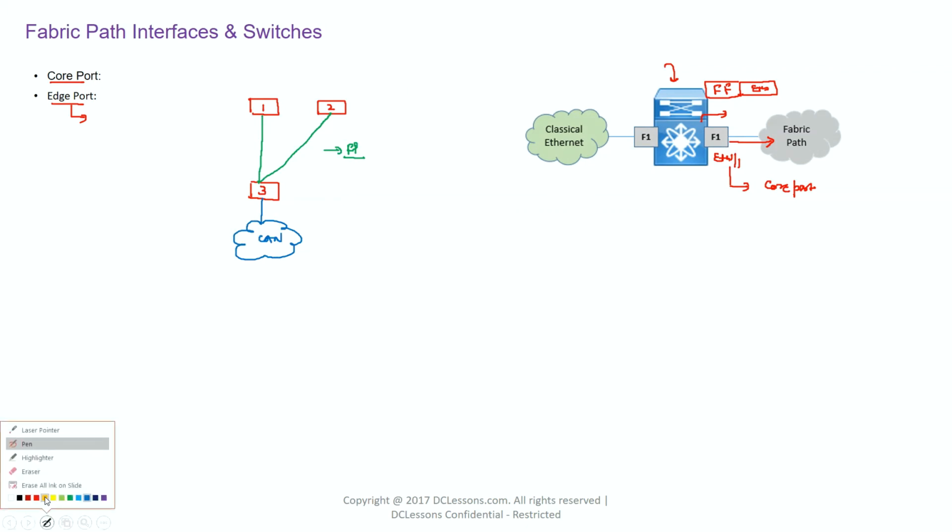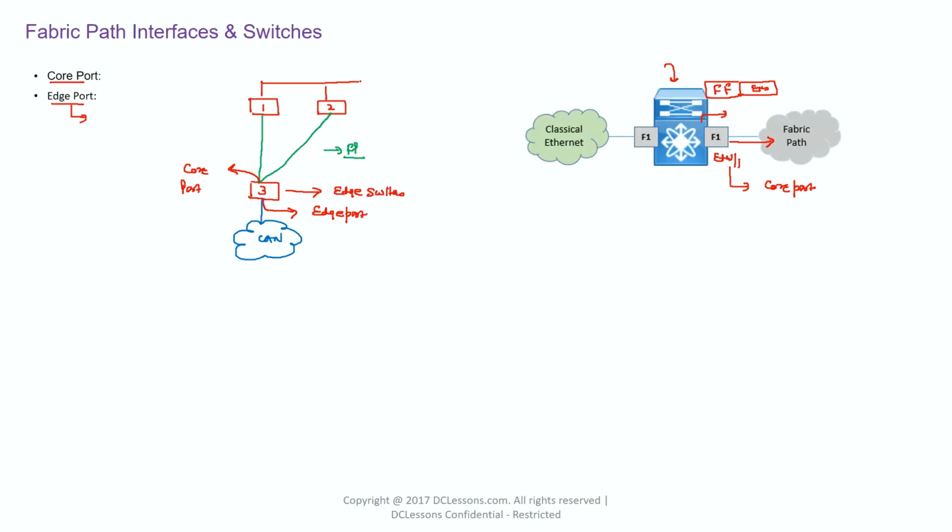So this is called an edge port. This is called a core port, right? This switch is called an edge switch. And switch 1 and switch 2 are both called spine switches because all their ports are in the fabric path domain only.